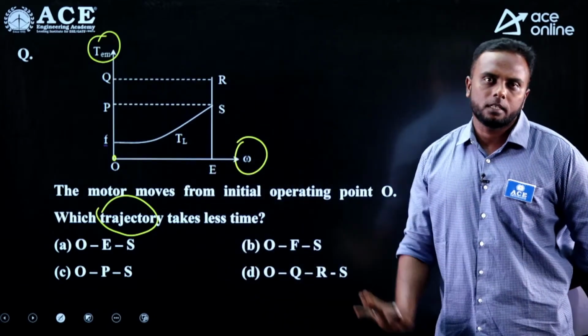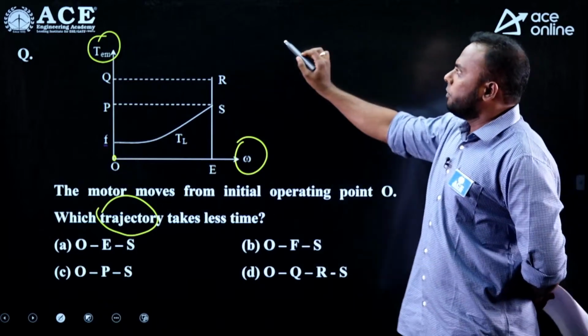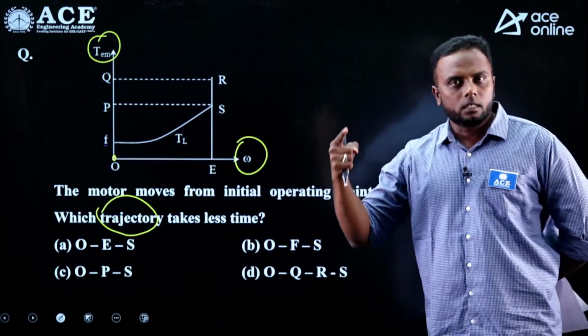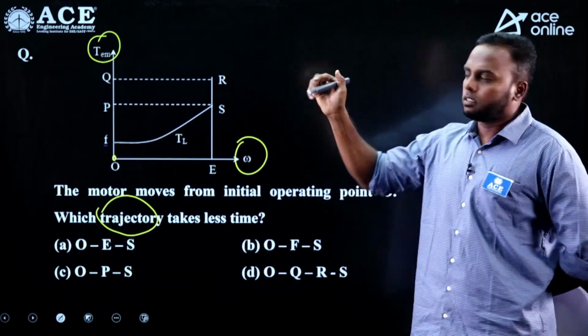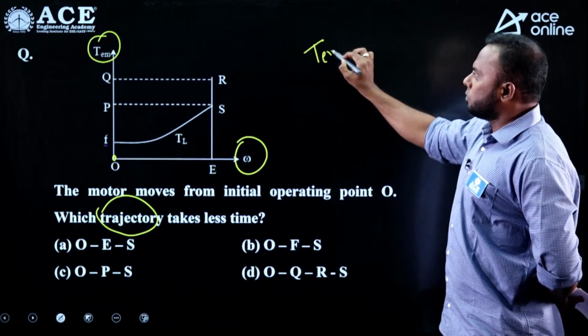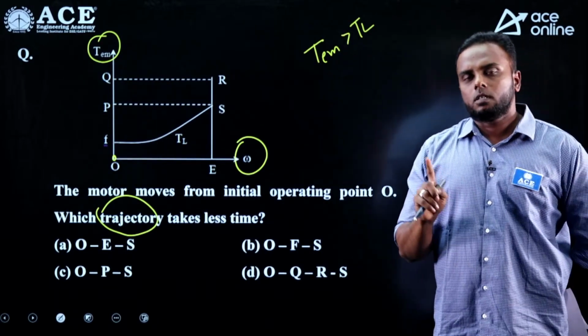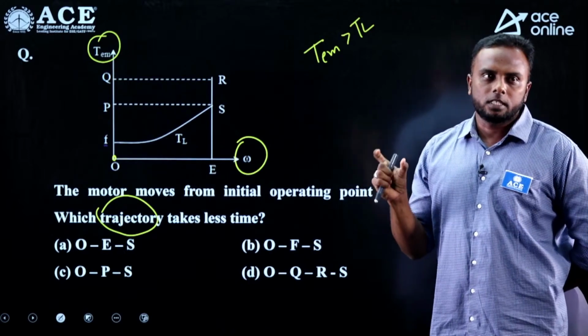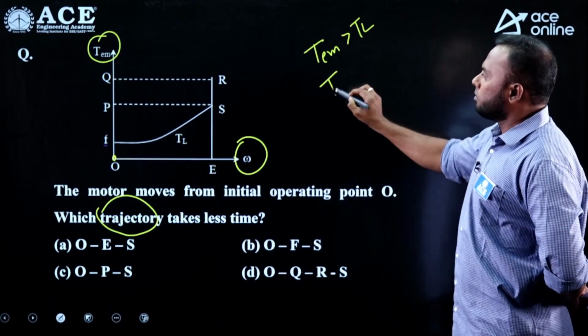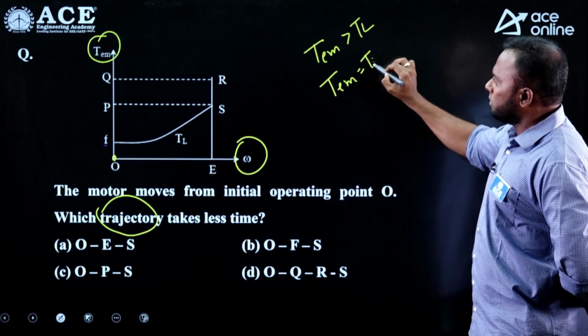We know that in order to accelerate the motor from 0 to the steady state condition, the electromagnetic torque should always be greater than the load torque. And finally, for the motor rotating at one constant speed, the electromagnetic torque should equal the load torque.